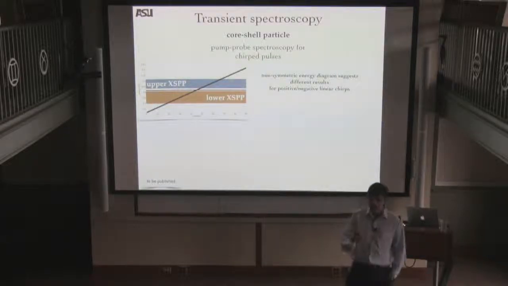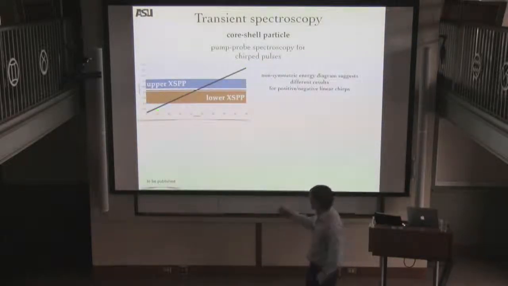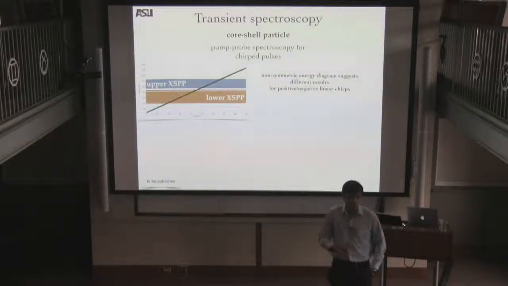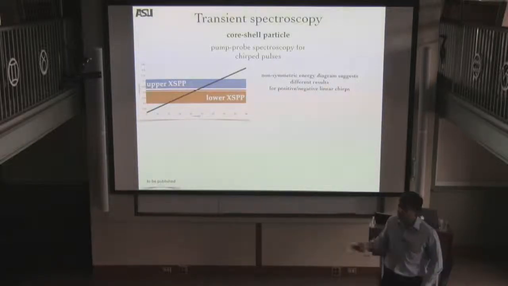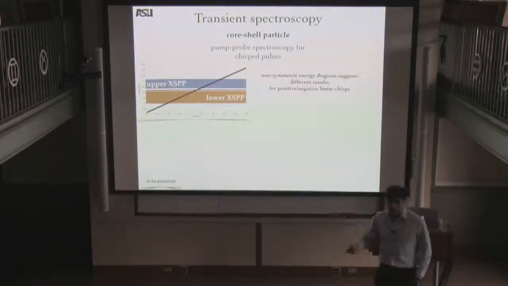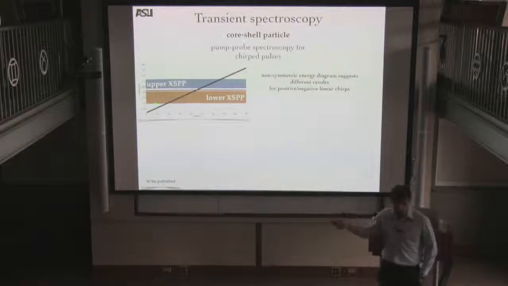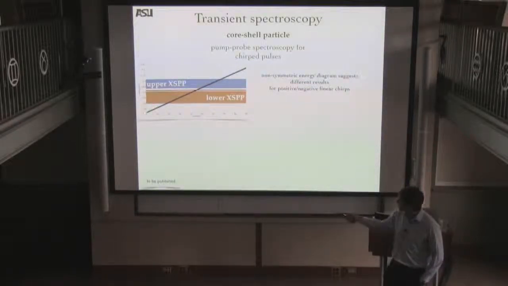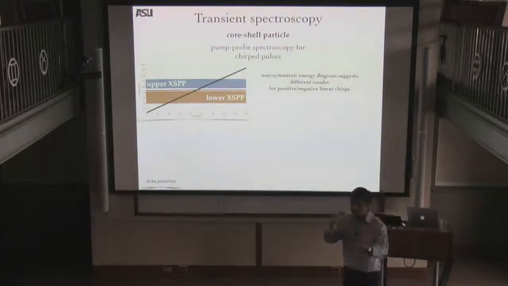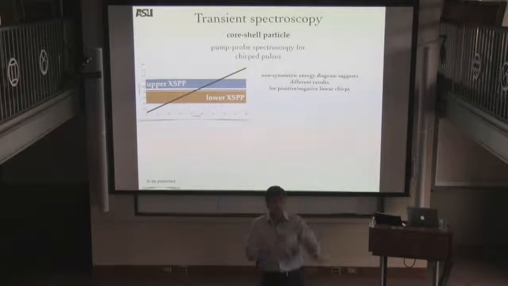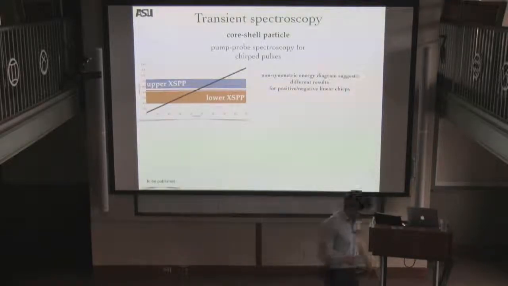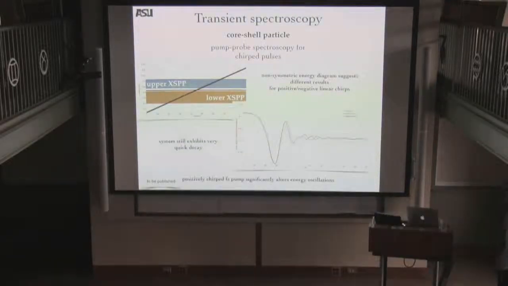Now, let's say I have a chirp pulse, going from low energies to higher energies, sweeping through this energy diagram. I would assume that if my chirp is long enough, since this system is not really symmetric, going from here to here is not the same as going from here to here. So I would assume that the negative chirp will give me a different result from the positive chirp. And indeed it is the case.